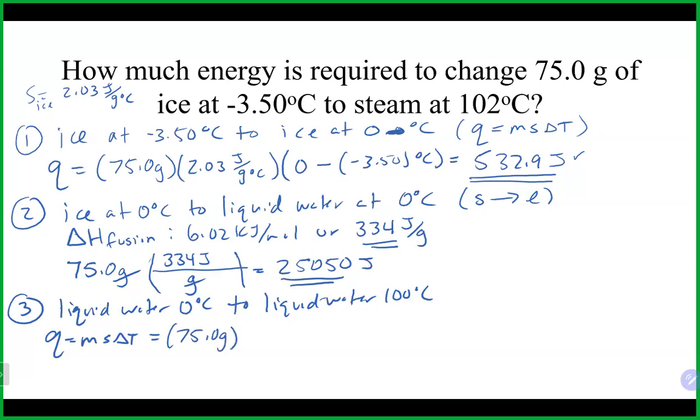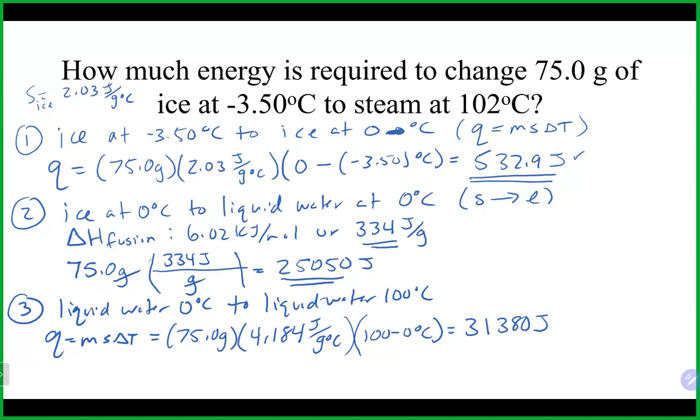Because we have now transitioned to liquid water, we do want to use the specific heat capacity for liquid water, which is 4.184 joules per gram per degree Celsius. Here again, we want to do our final temperature, which is 100, minus our initial, which is 0. And that's going to get us about 31,380 joules.